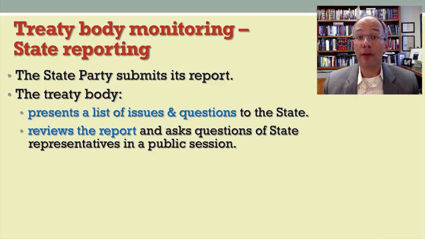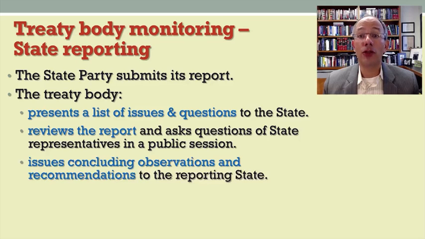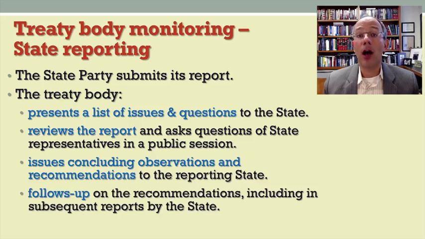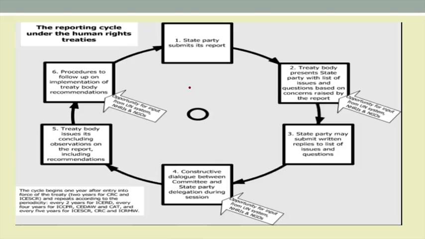The committee, after considering the public session and the questions and answers, issues concluding observations and recommendations to the reporting state and indicates that it would like some follow-up or further information on those concluding observations and recommendations, including in particular in subsequent reports by that state.